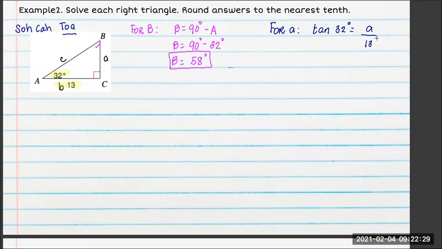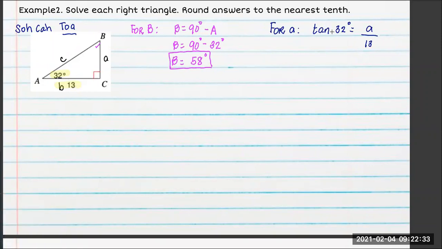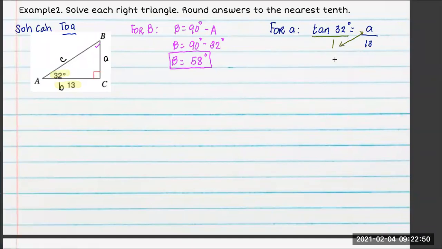All right? Now, how do we find A? We need to cross multiply. Remember? Cross multiply. So let's put 1 under tangent 32 just to process the cross multiplication. Okay, that means you multiply A times 1. A times 1 is A. And then you multiply 13 times tangent 32 degrees.